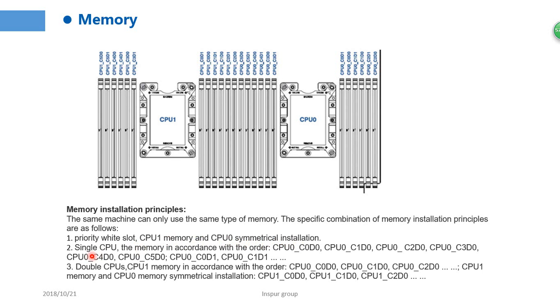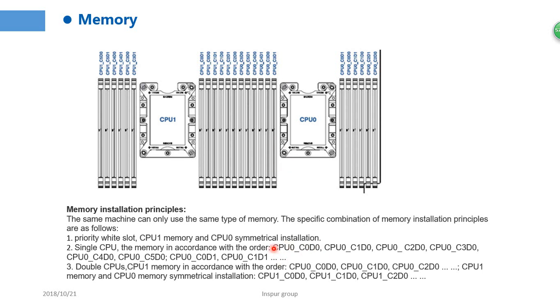When the server has a single CPU, the memory is installed in its order: CPU0, channel 0, DIMM 0. When you have only one memory module, you need to install it in this DIMM slot: CPU0, channel 0, DIMM 0.